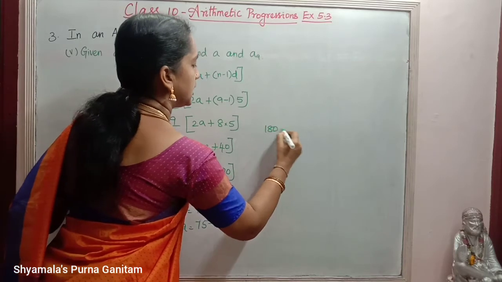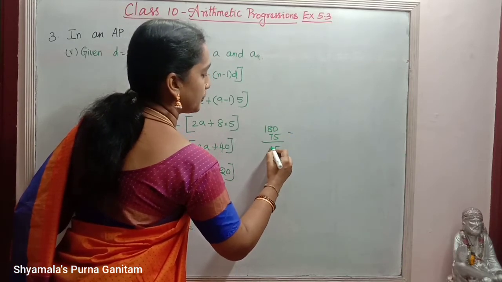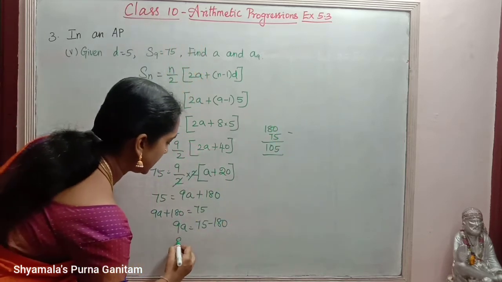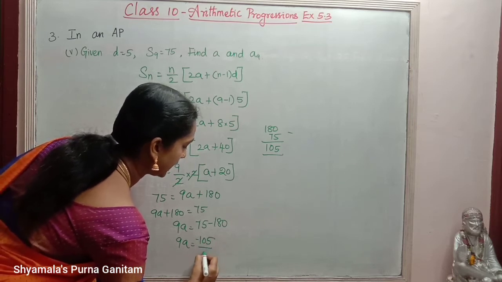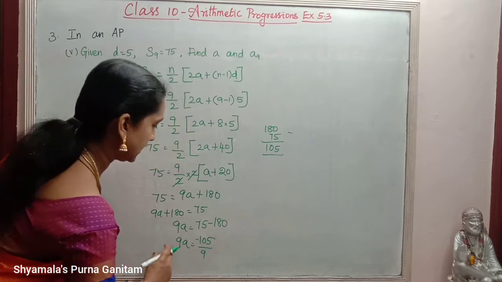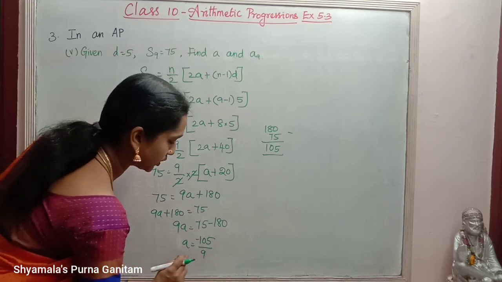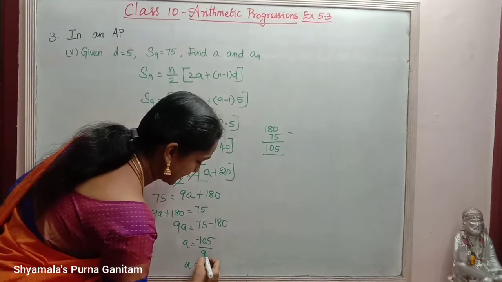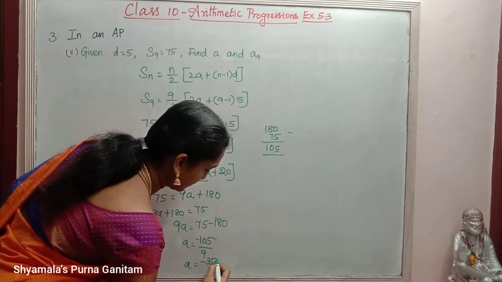So 180 minus 75, we will get 105. So 9A is equal to minus 105. So A is equal to minus 105 by 9. When we simplify this, in the 3 table we get minus 35 by 3.